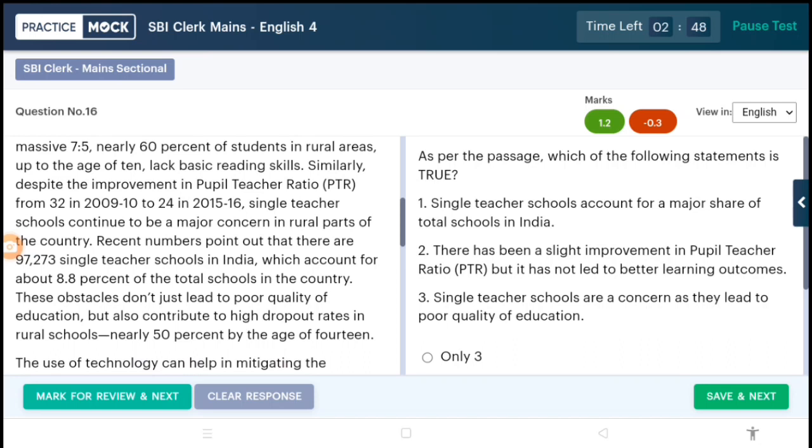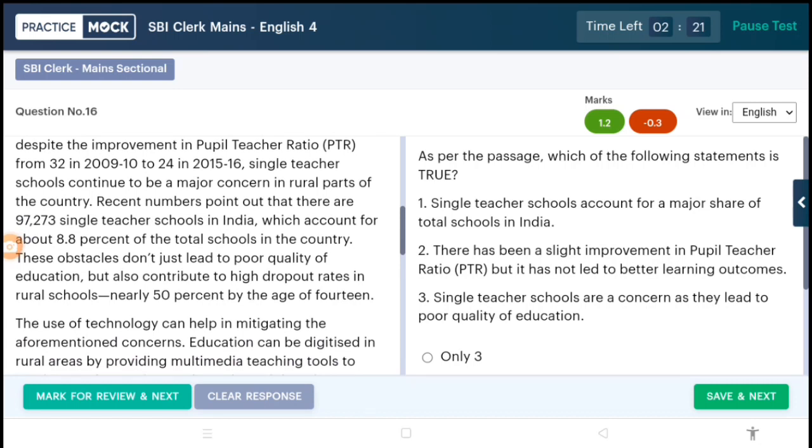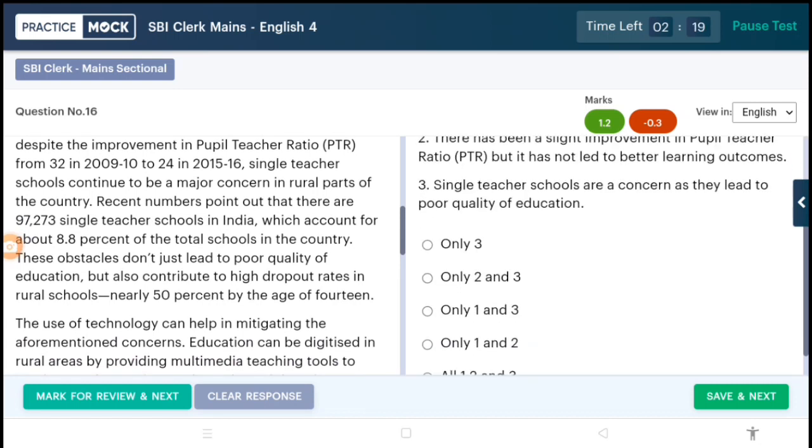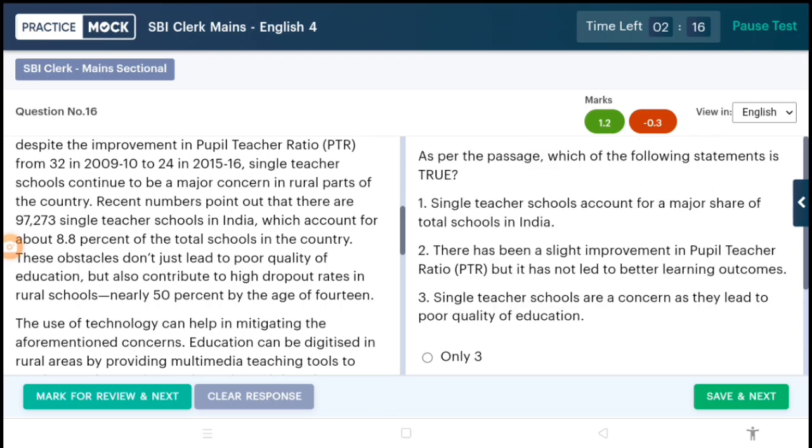There is a slight improvement. Single teacher school concern. One and two.